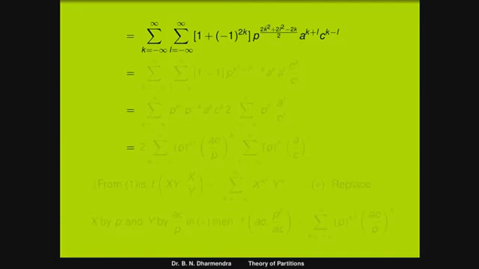The next step is p to the power of k square plus l square minus k, okay, because 2 gets cancelled, and this one is a to the power of m, that is k plus l, and a to the power of, that is k minus l.